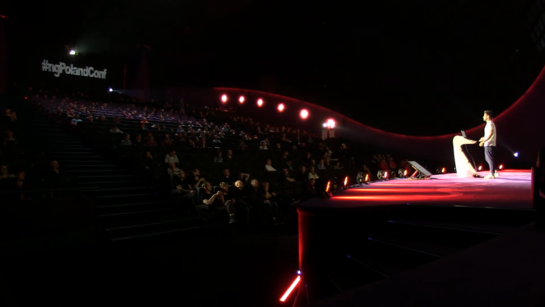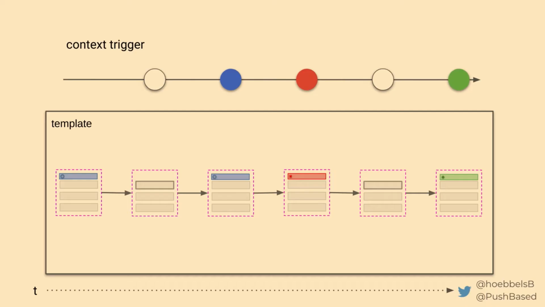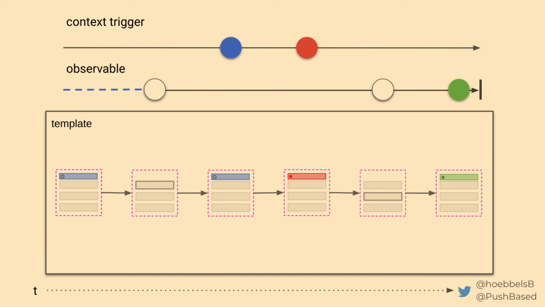Context triggers are a way for developers to proactively change the context of the template without having to rely on the observable's lifecycle. So this is just another layer.